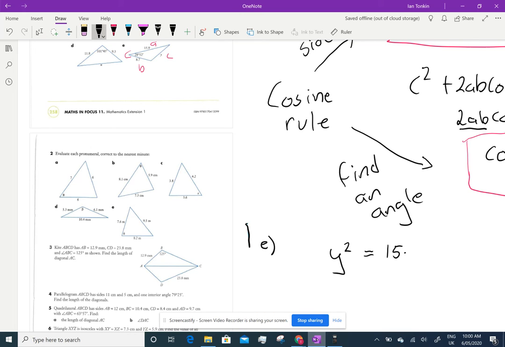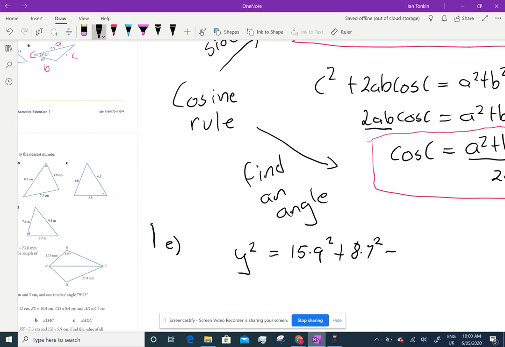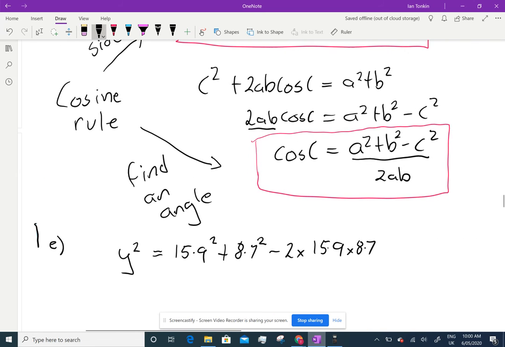So 15.9 squared plus 8.7 squared minus 2 times 15.9 times 8.7 cos, and the angle is 101 degrees. Oh, sorry, 28 degrees. Looking at the wrong question. 28 degrees 52 minutes.